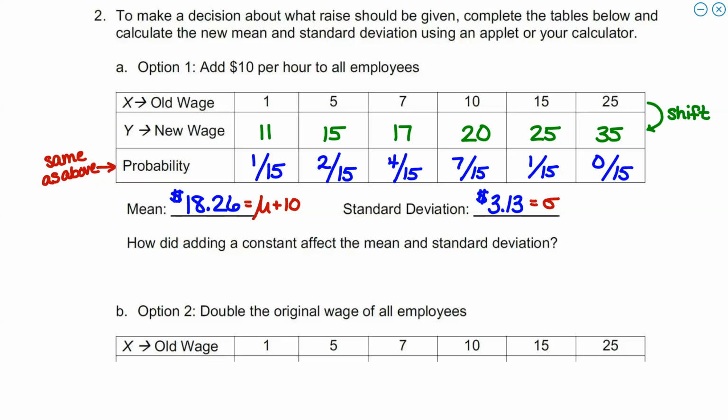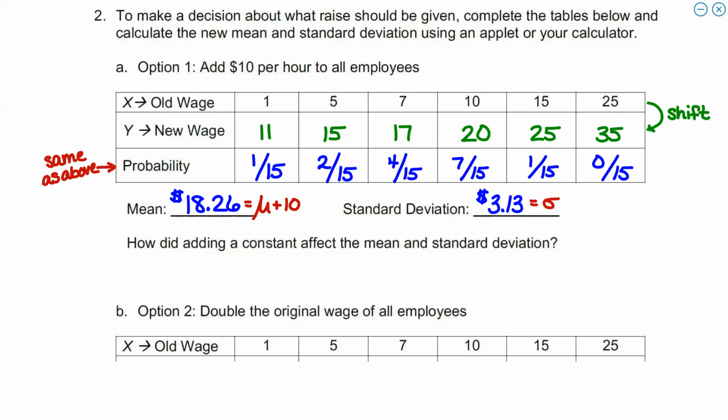How did adding a constant affect the mean and the standard deviation? How did adding a constant to each of our x values affect the mean? It increased by how much? By 10.